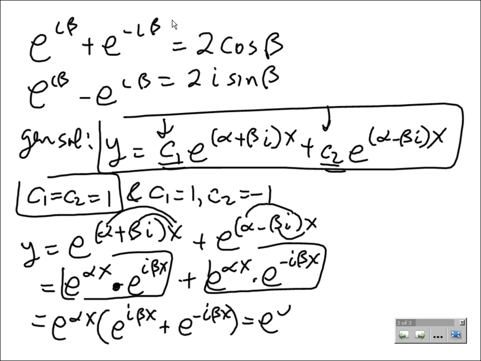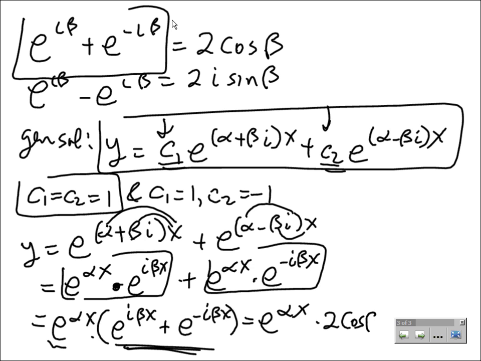So it's e to the ax, this part, times this part. But this part is on top. It's 2 cosine beta. So we'll just bring in the 2 in front. I get 2e to the ax cosine bx, it should be bx.